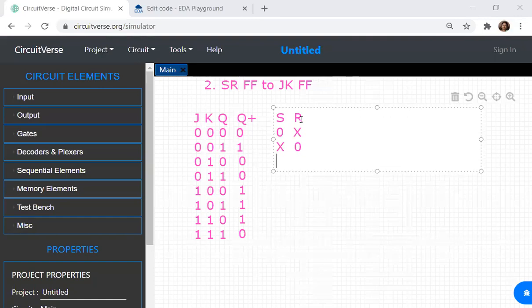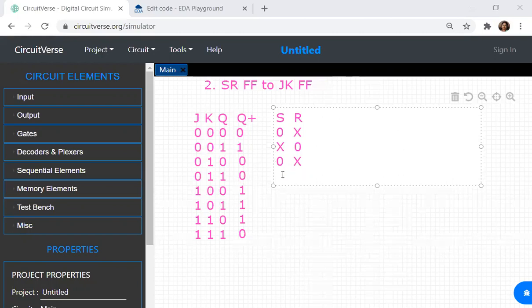Again, 1 and 1. For 1 and 1, it will be X, 0. Next, Q and Q plus is 0, 0. 0, 0 means 0, X. Next, in the fourth line, Q and Q plus is 1 and 0. If it is 1 and 0, we don't have any problem; we can write it directly. So when will I get the 0 combination?